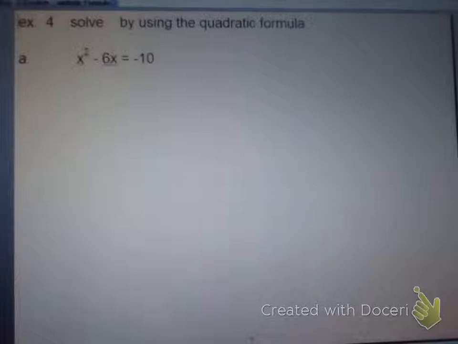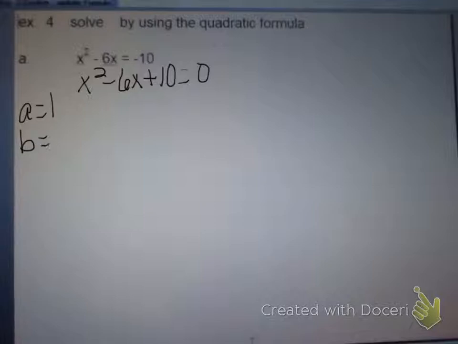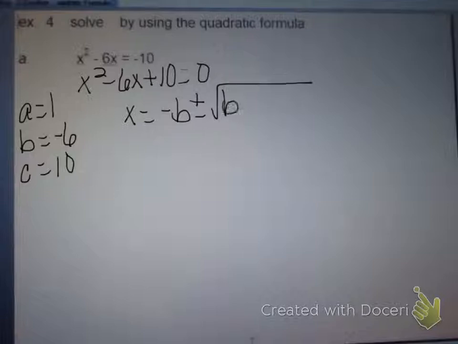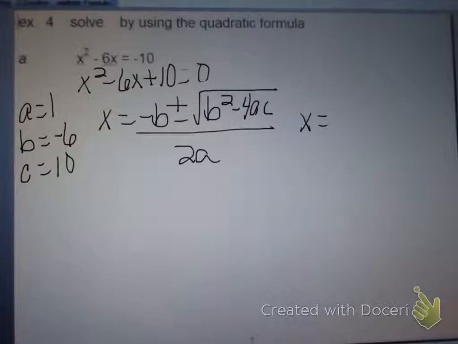Example 4, we have to get this equation equal to 0. So I'm going to add 10. Identify A as 1, B is negative 6, and C is 10. Okay, that's negative B, and B is negative 6, so that's negative a negative 6, which is 6, plus or minus.